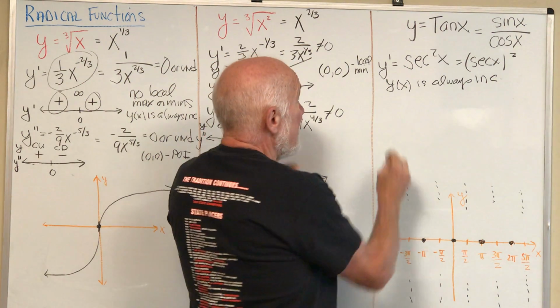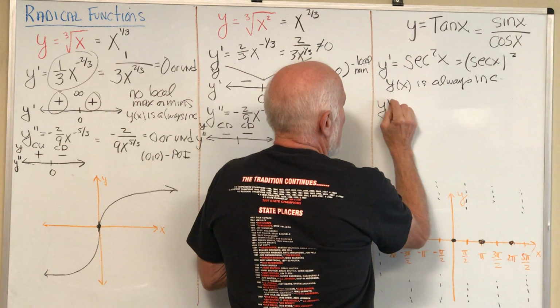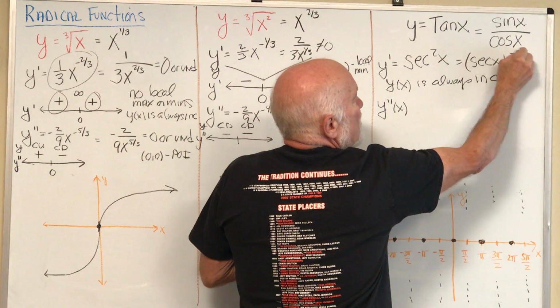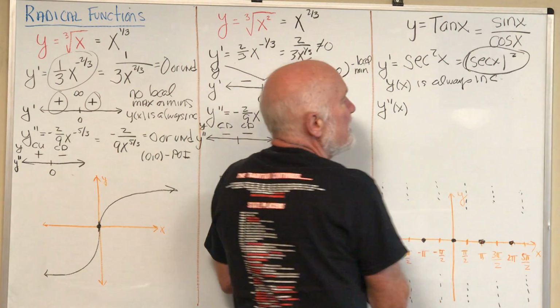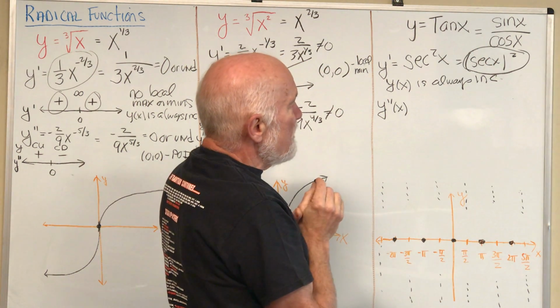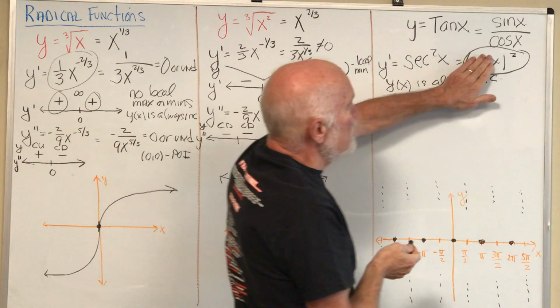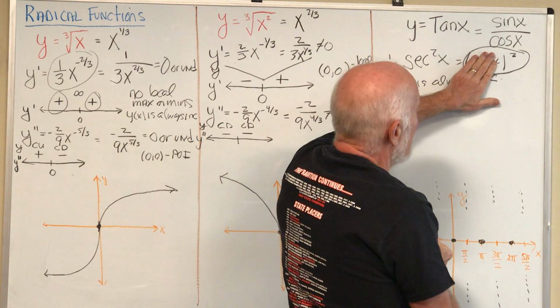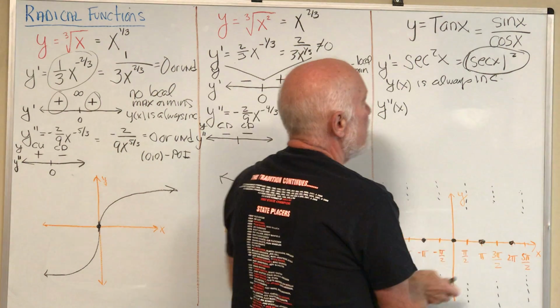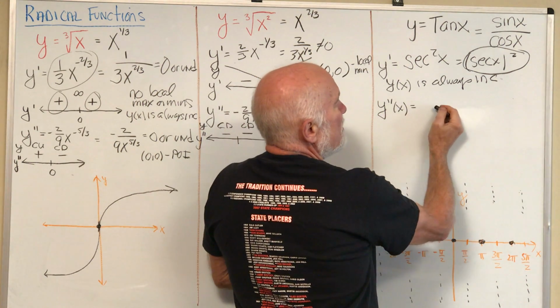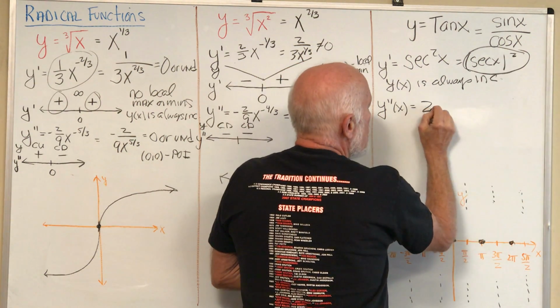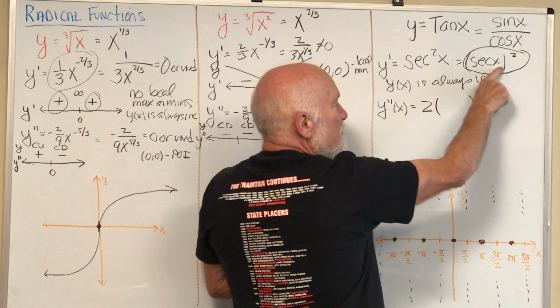Now we can go to the second derivative. This is going to be a little more difficult, but we're going to take the second derivative by taking the derivative of that. So we've got to use the chain rule. The main function is this function squared. So the squaring function, the derivative of x squared is 2x. But we have a different function in here.